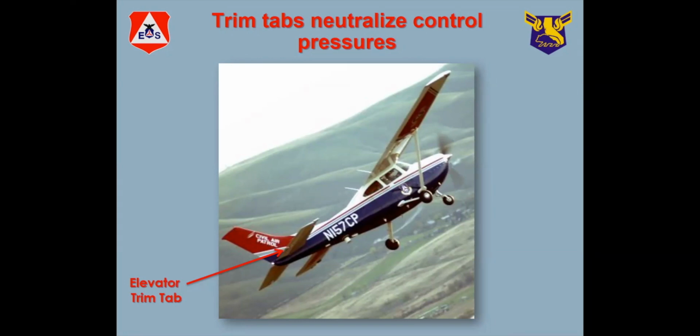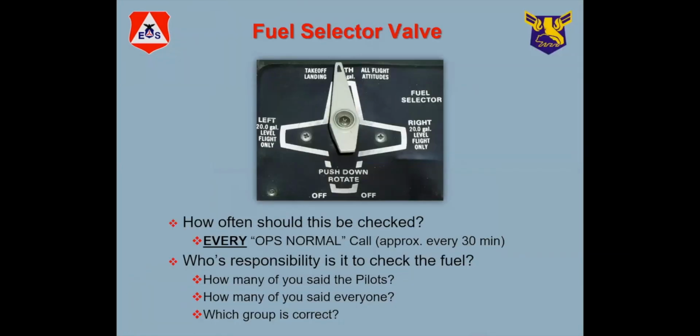So we use the trim tabs to do that. Commonly, there's a trim tab on the elevator surface, but in some of the aircraft, like the 182s, we have elevator trim as well as rudder trim, because that airplane has a lot more torque, and so you need more pressure to move the nose around.